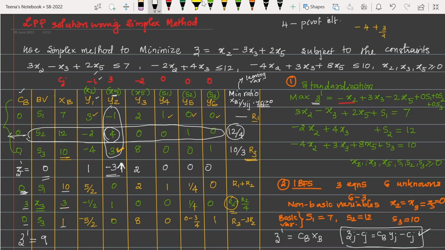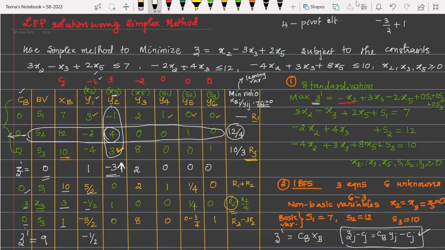So it is 0 into 5 by 2, then 3 into minus 1 by 2, then 0 into minus 5 by 2. So it is minus 3 by 2. Then there is a cost on the top, so plus 1. So it is minus 3 by 2 plus 1, it is equal to minus 1 by 2.